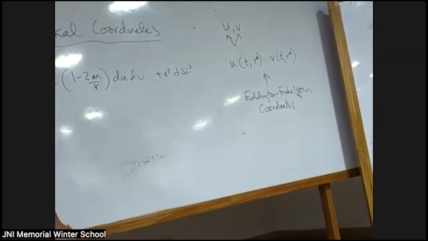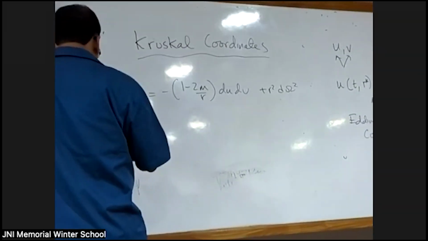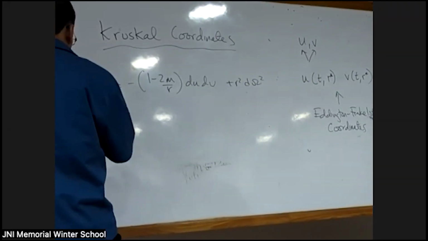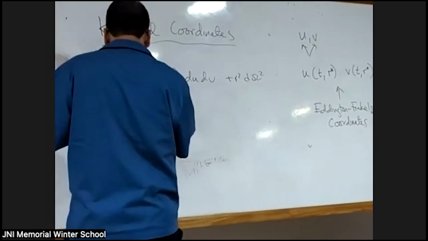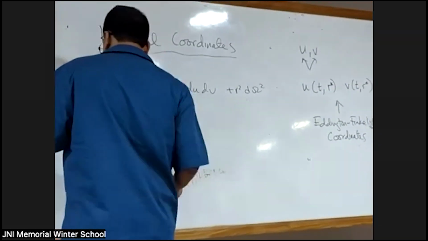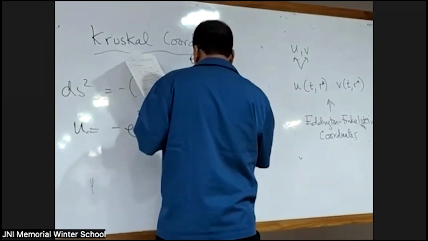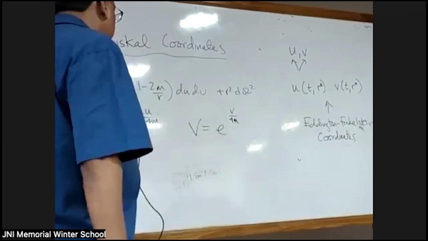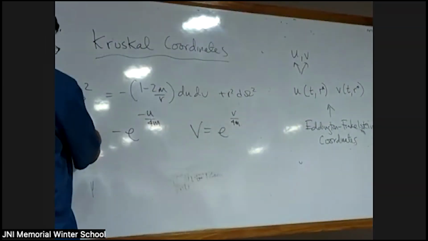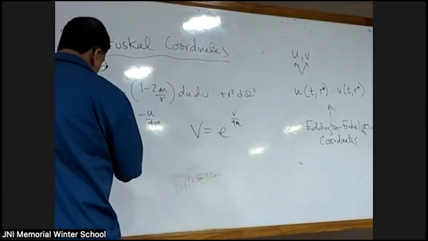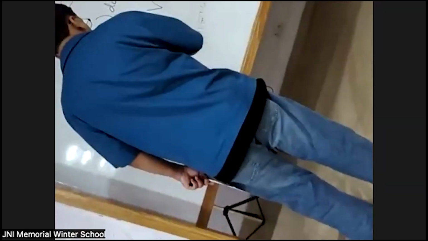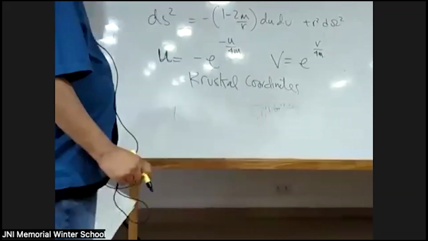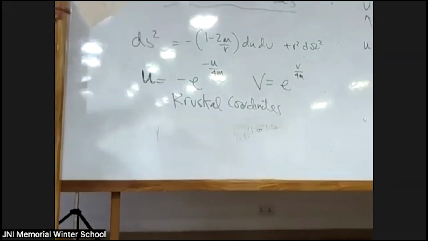Anyhow, if we define big U as minus e to the minus u over 4m, and big V as equal to e to the v over 4m, these are called Kruskal coordinates. The point of these coordinates is to shrink everything.